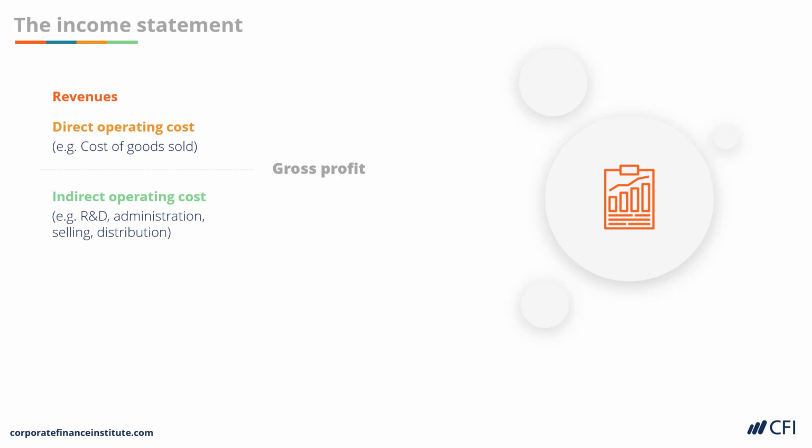If we take revenues and deduct the direct operating costs and then deduct the indirect operating costs, we arrive at the next subtotal, operating income. The terms profit or earnings can be used interchangeably with income. Operating income is often referred to as EBIT, which stands for earnings before interest and taxes.